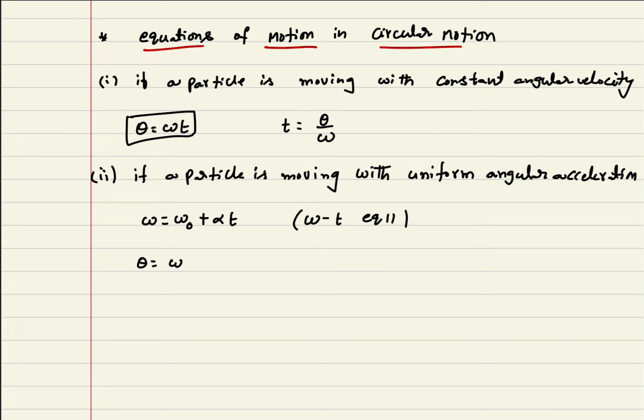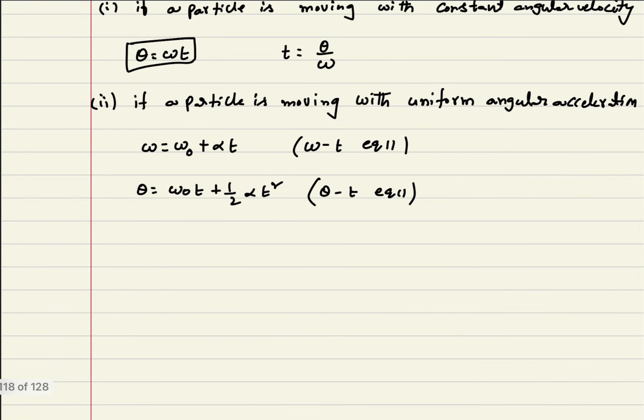Next one, theta is equal to omega naught t plus half into alpha t square. This is the theta-t equation. For the rotations made by the body, we can write omega square minus omega naught square is equal to 2 alpha into theta. This relation is for the omega-theta equation.